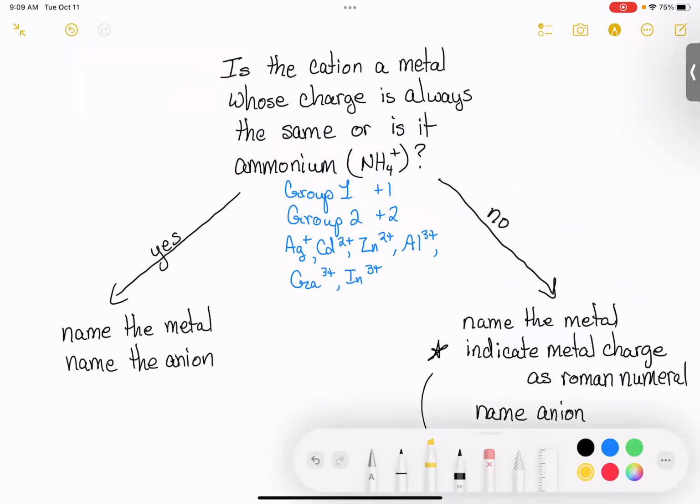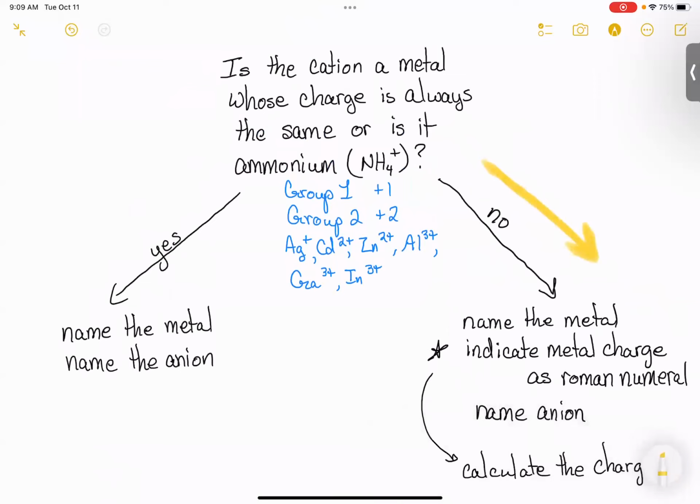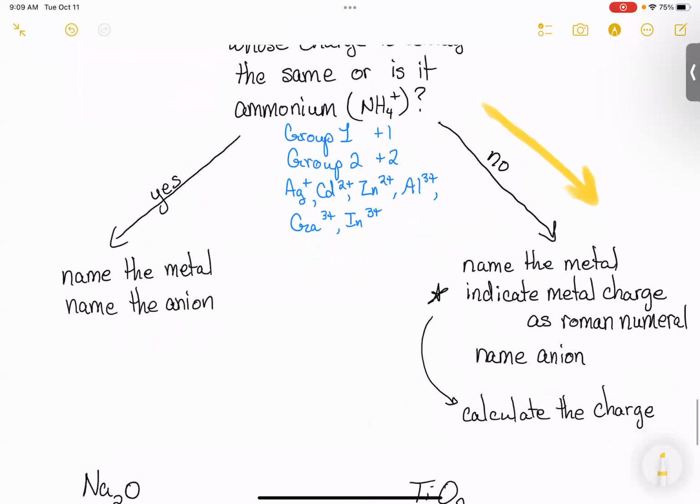In this particular case, no, because it's not one of the ones in blue. So I'm going to have to ultimately figure out what that charge is.